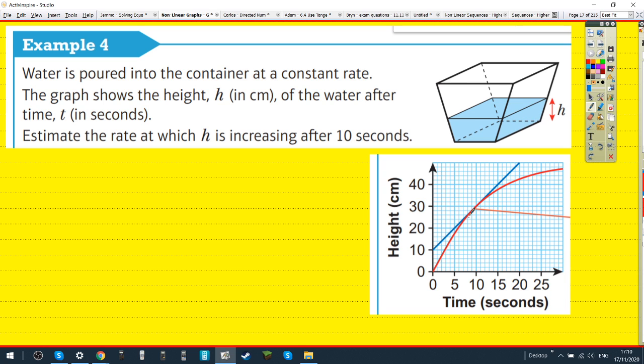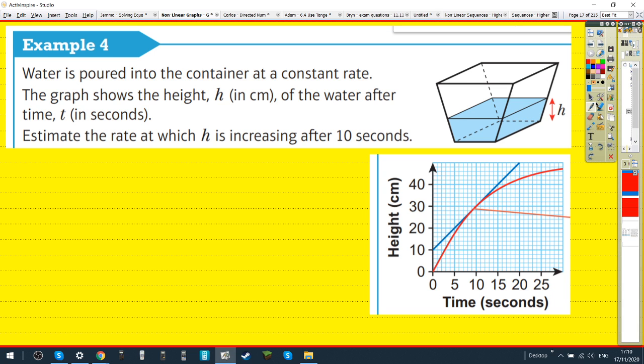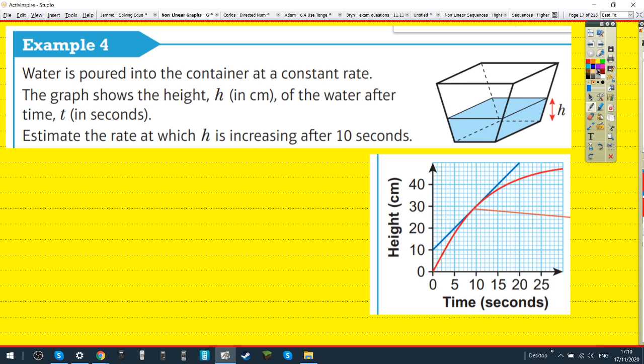So let's say at the 10-second point, you sketch a tangent to the curve and you find the gradient of the tangent at that point. And so any idea the gradient of the tangent?